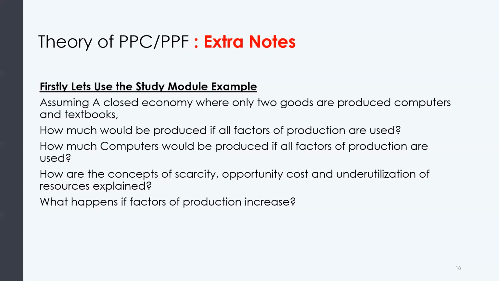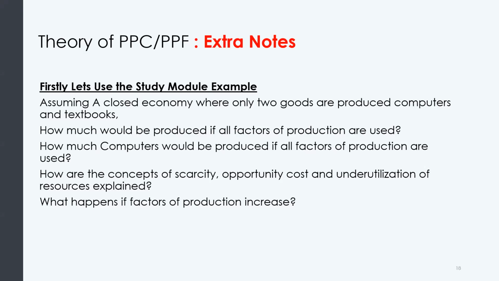When you're studying economics, we are going to use a lot of graphs and a lot of calculations. That's something to be given in economics. There will be graphs, there will be calculations, and these calculations and graphs will be explaining certain concepts.